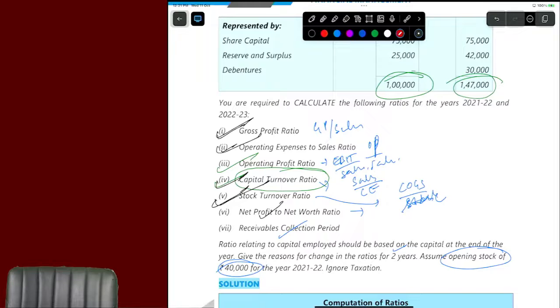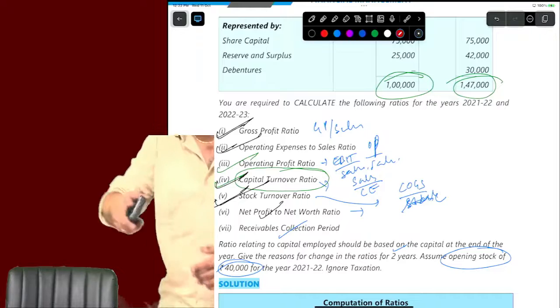What is the formula for return on equity? PAT divided by equity. Net profit to net worth is another way of asking you the return on equity. When we calculate return on equity, only equity share capital plus reserves and surplus should come, because we are calculating return to equity shareholders, not for the entire company. Understand the point or not?